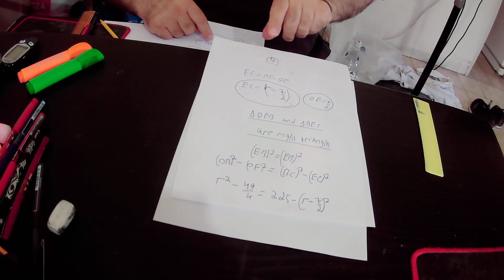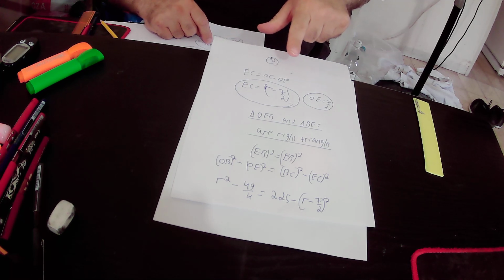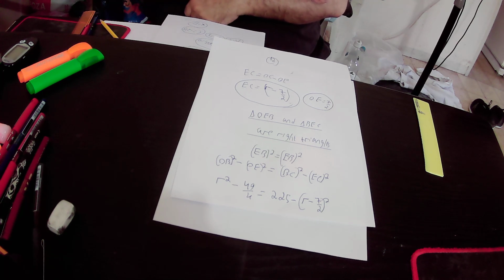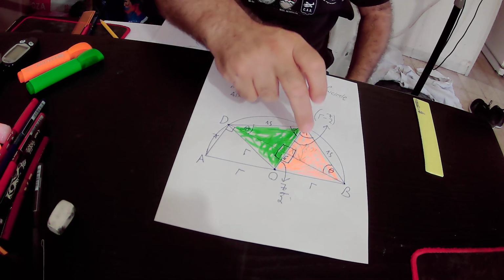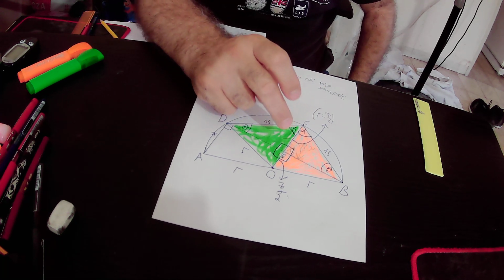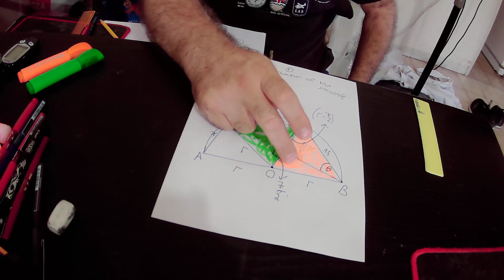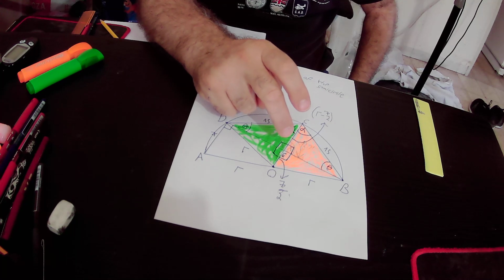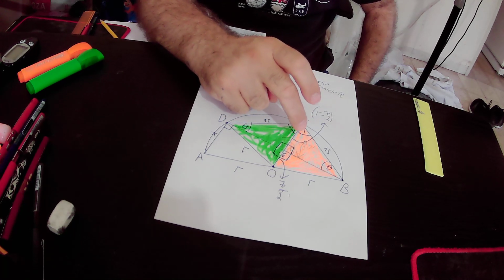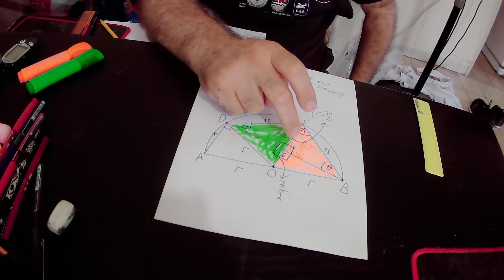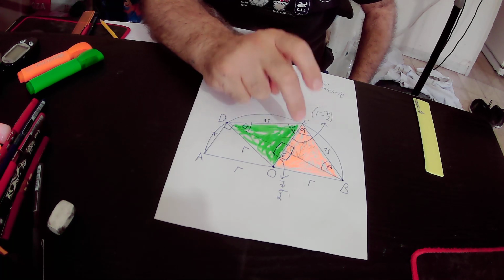So in total EC equals R minus 7 over 2 and OE equals 7 over 2. Then we focused on the two right triangles. Triangle OEB is a right triangle because angle OEB is a right angle, and triangle CEB is also a right triangle because angle CEB is a right angle.